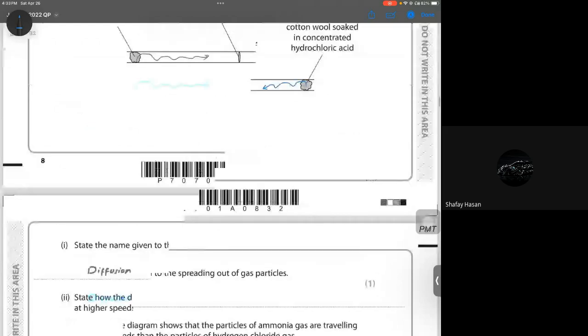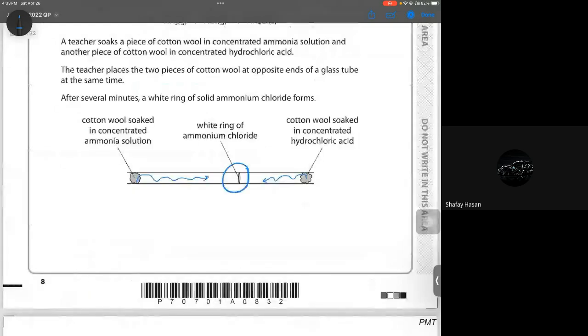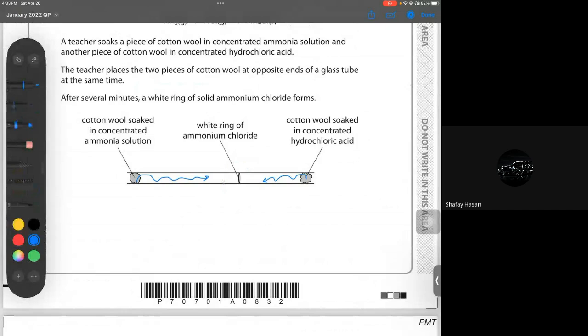You know how? Because the ring is going to form further away from the ammonia end, like ammonia is going to travel more distance. It's going to cover more distance.